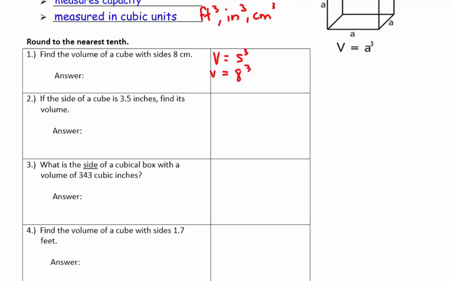On your calculator, on the left-hand side above x squared, there's a caret key. So in your calculator, you would do 8 caret 3. That's for any exponent. You could do 8 times 8 times 8, but that key will do it all in one shot. And we get 512 centimeters cubed.